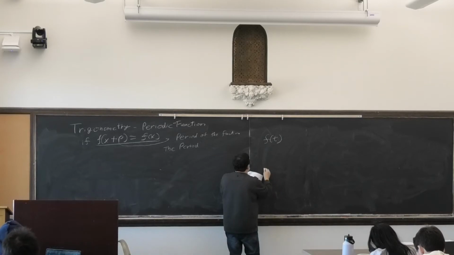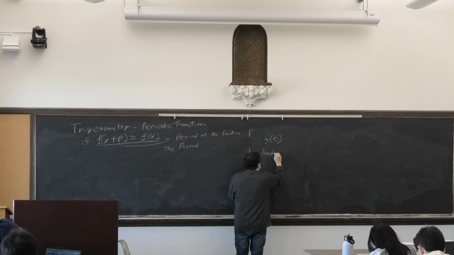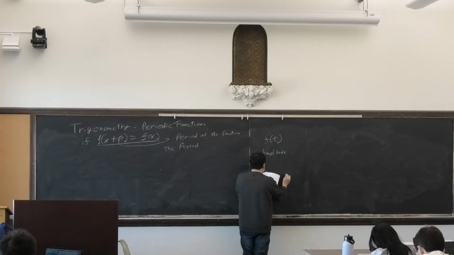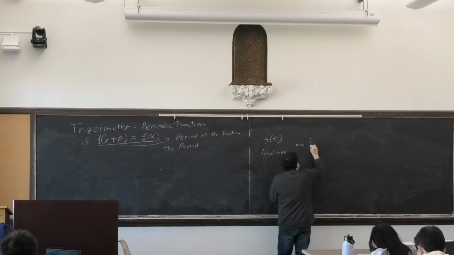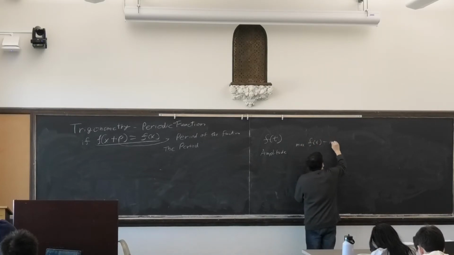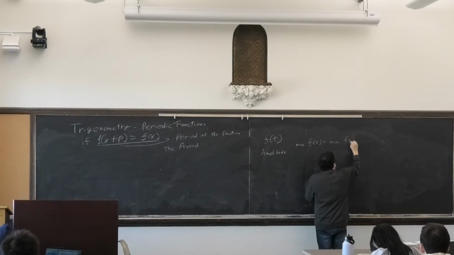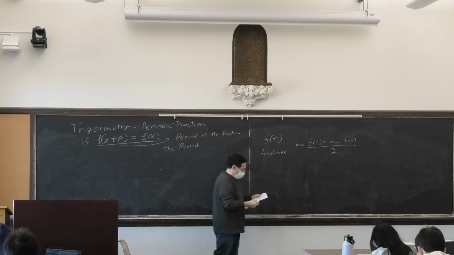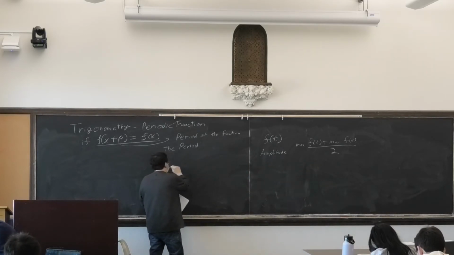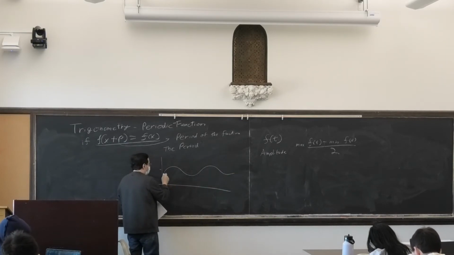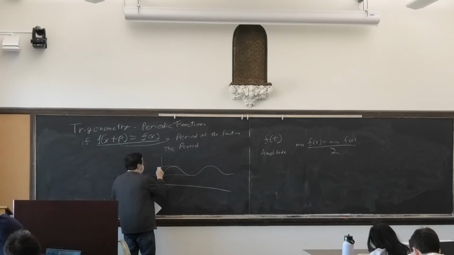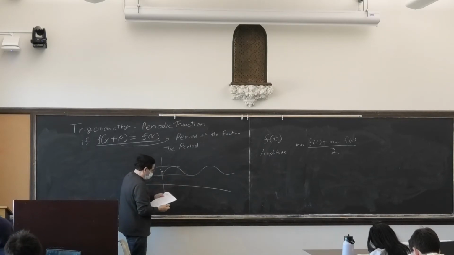We define the amplitude as the maximum of f of t minus the minimum of f of t, over 2. You have kind of a sine wave. Doesn't matter where it is with respect to the axis. If you take the maximum and the minimum, it's half that amount. That's the amplitude.